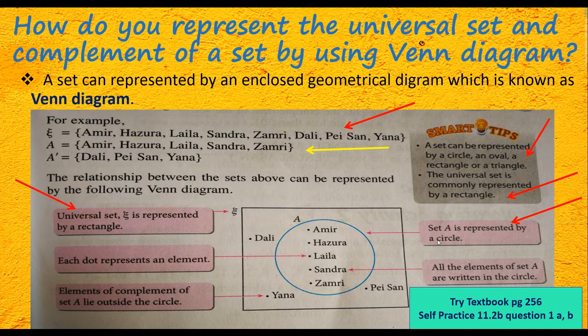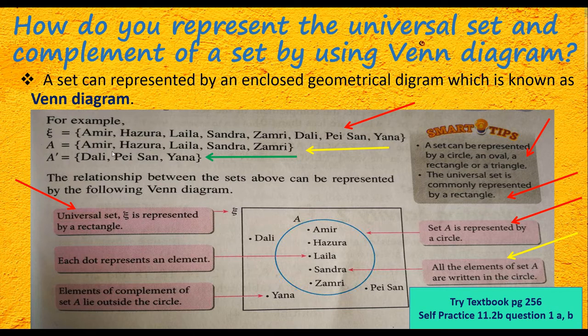The set A here is represented by the circle. That's why I will place all the elements of set A inside the circle, which means they are in the same group. Maybe this is a class, and they are in the same group, or they achieved grade A in mathematics, so they are placed together due to the special condition from the universal set.